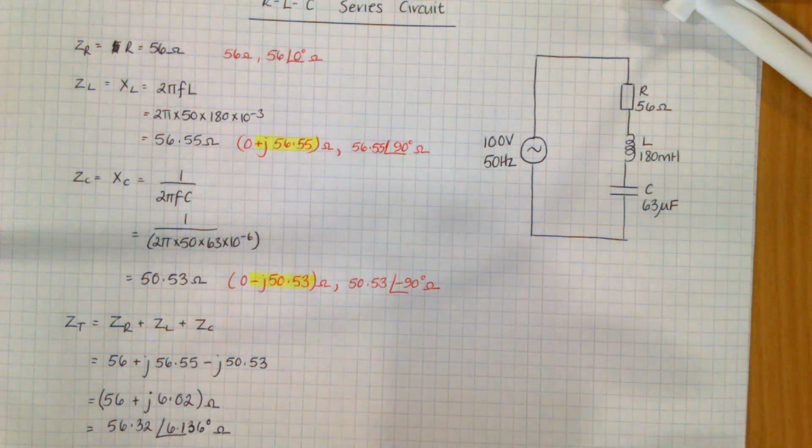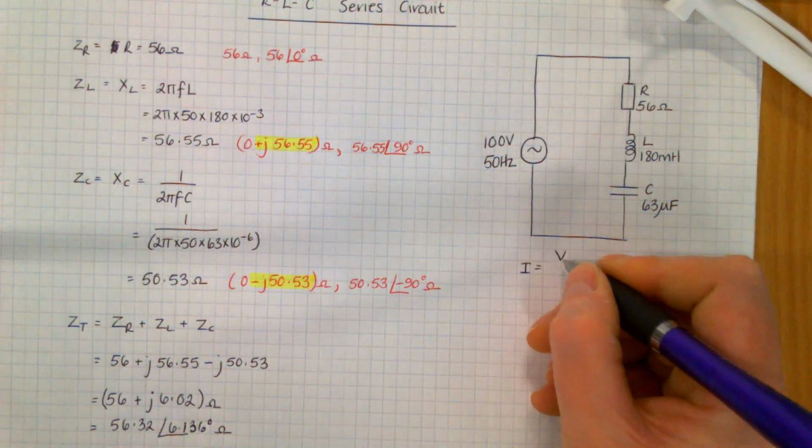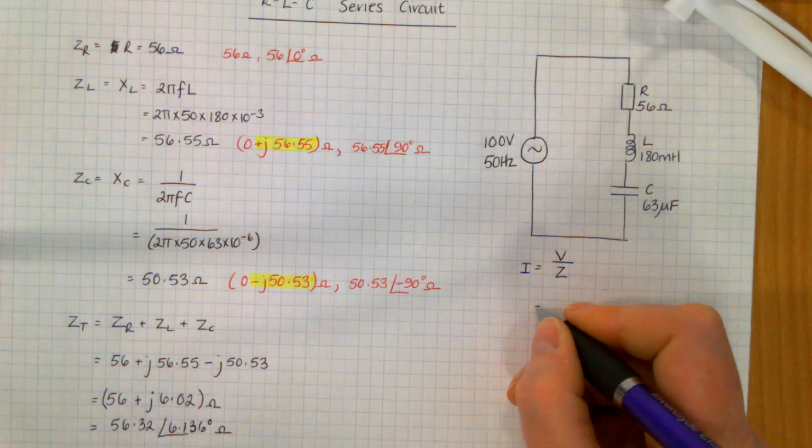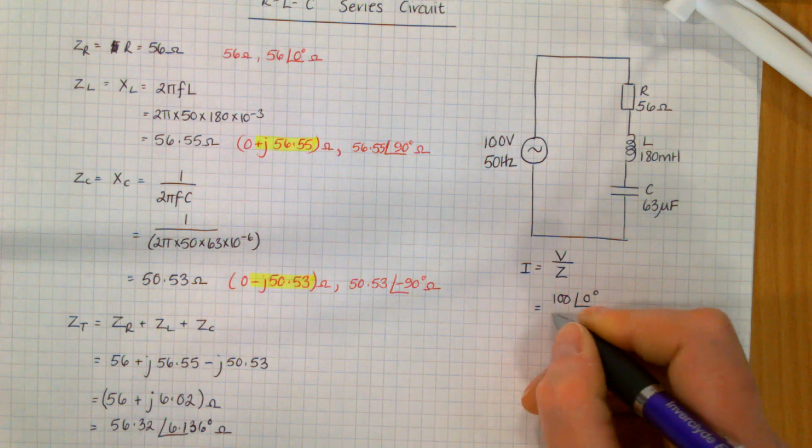You just go on and work out the current the same way as you did before. You just do I equals V over Z, the same way as you have in the other examples. Again, if the angle's not given, you make the angle 0.